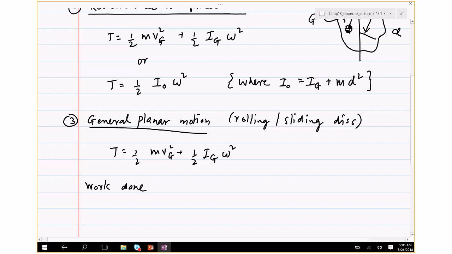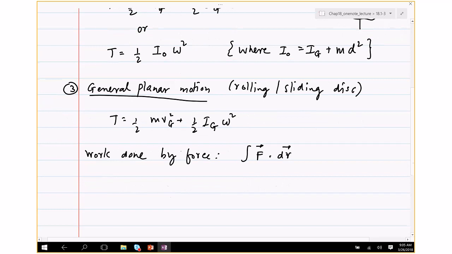The work done definitions which we saw earlier hold true in this case too. There's no change. Work done by a force: if you have F as a vector and the corresponding displacement, then you integrate force dot dr to get the work done. So that's U. Work done by gravity, call that UG, is minus mg delta y.